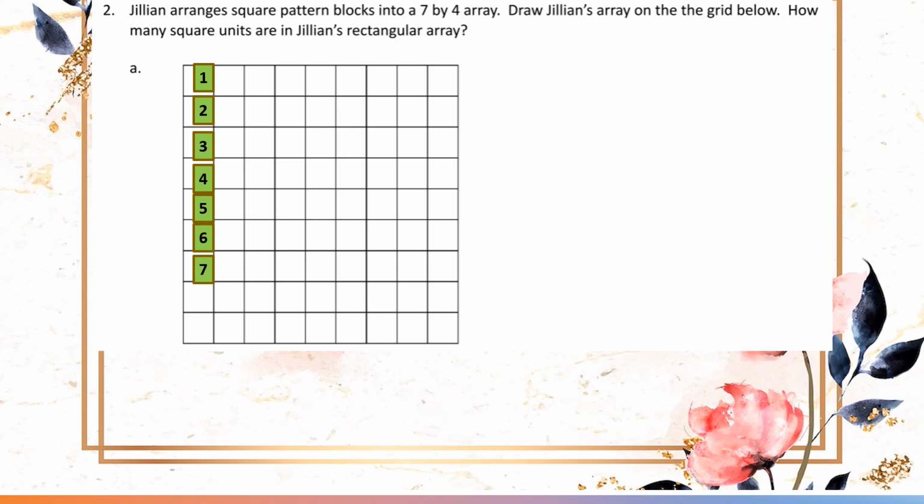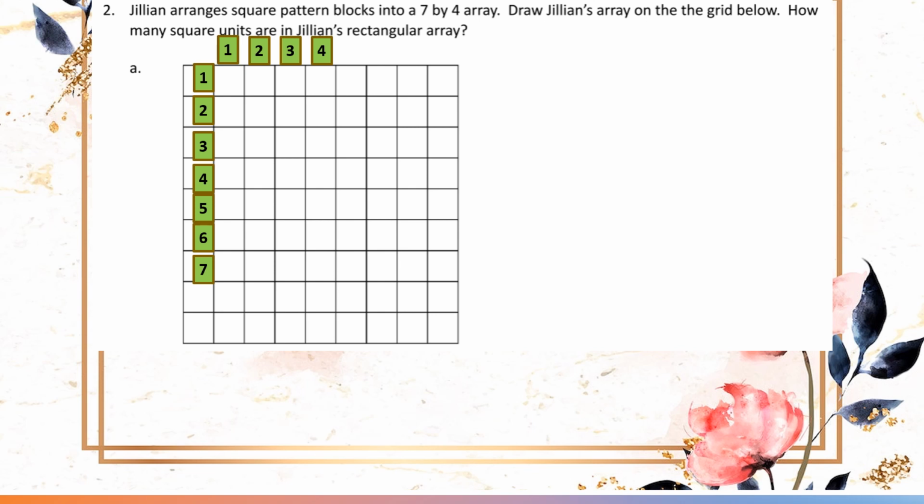So let's go ahead and count 4 across the top for our width. 1, 2, 3, 4. Now, it says that she arranges square pattern blocks into a 7 by 4 array.